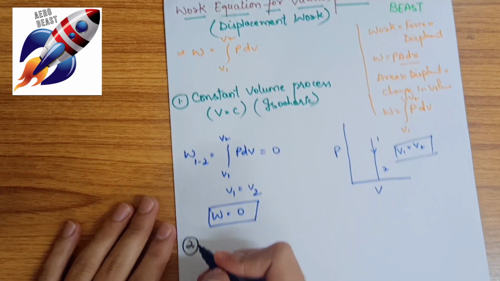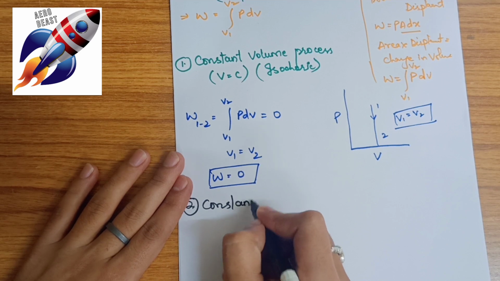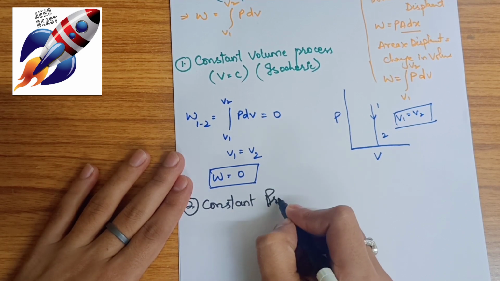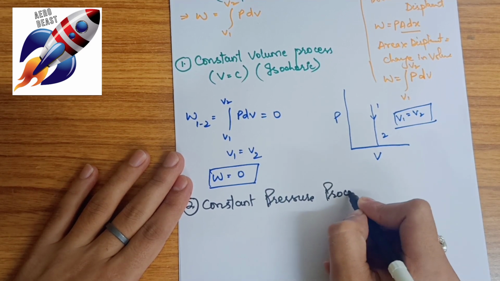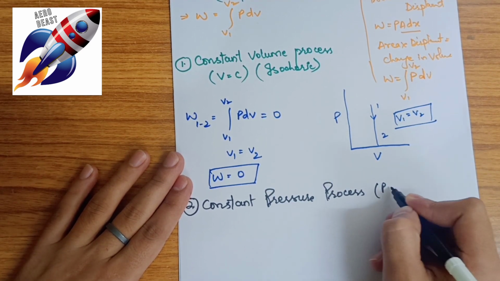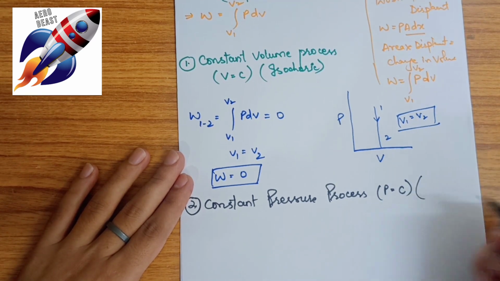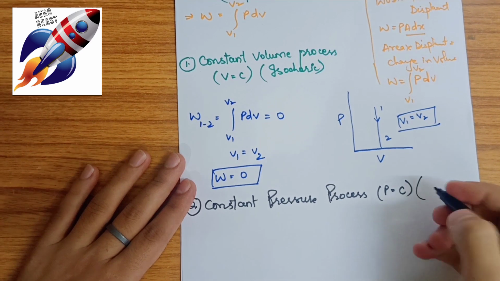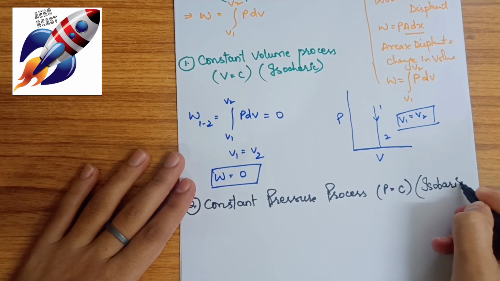So the second one is the constant pressure process. P is equal to C. It is also known as isobaric.